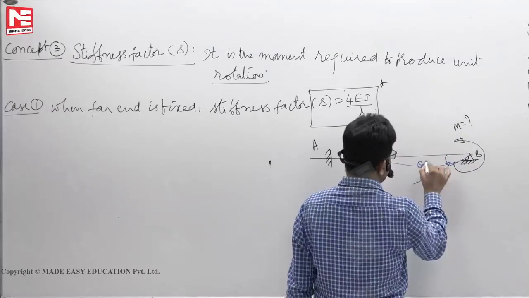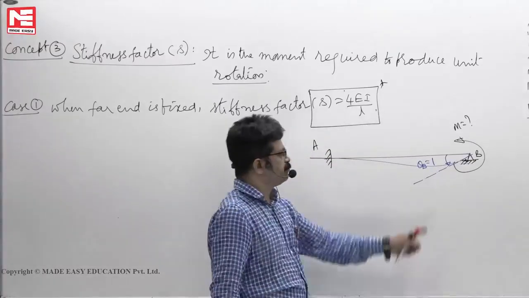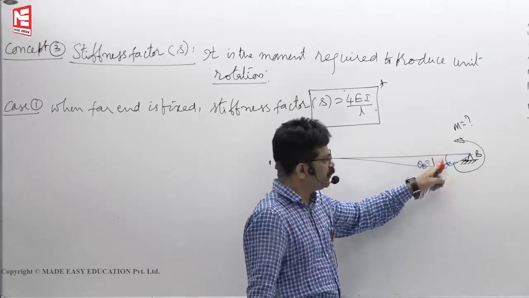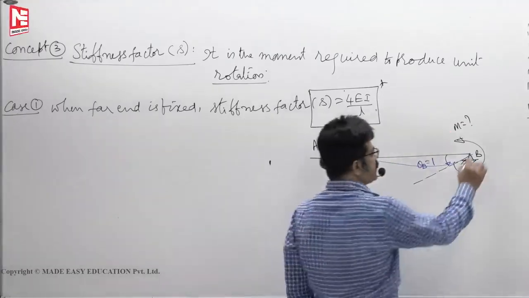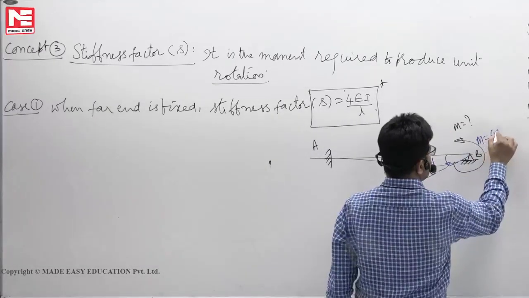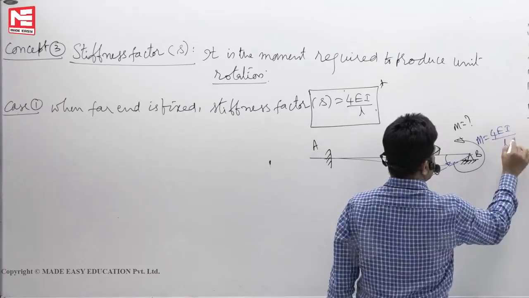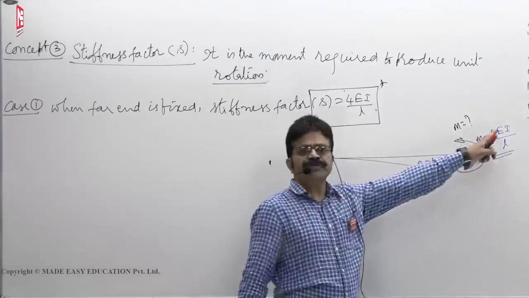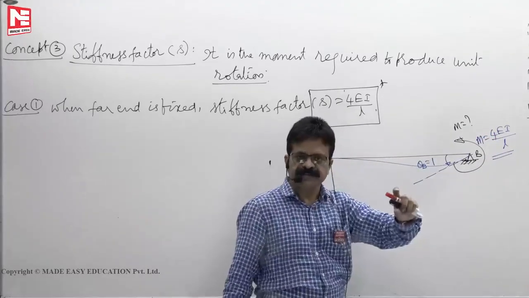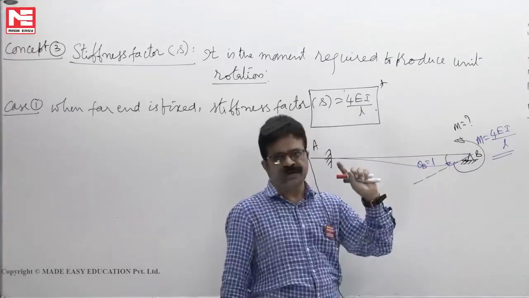I want theta B to become 1. For unit rotation, how much moment you have to apply? That moment we call the stiffness factor, and that moment is 4EI by L. If you apply 4EI by L amount of moment, automatically theta B becomes 1.